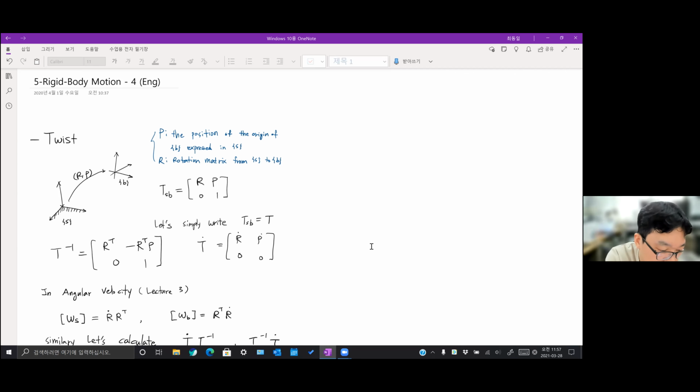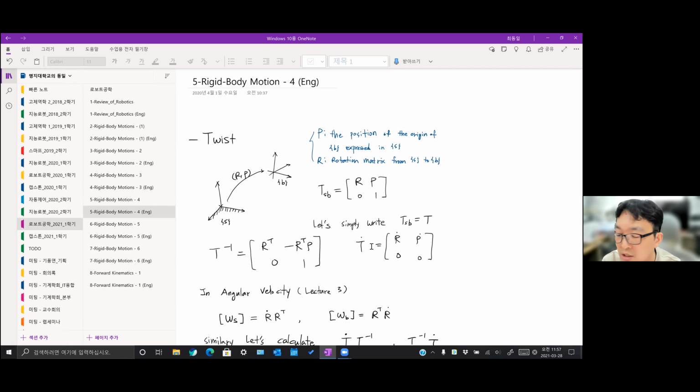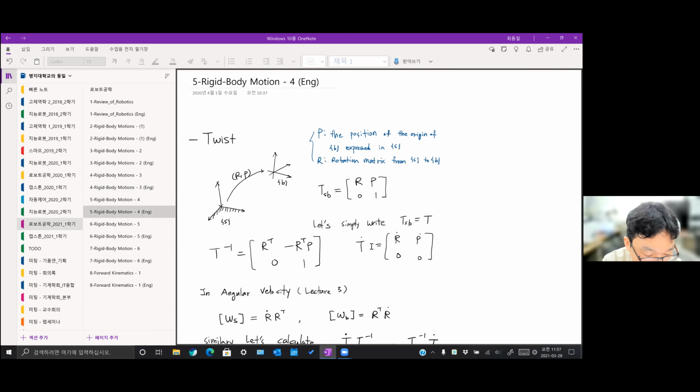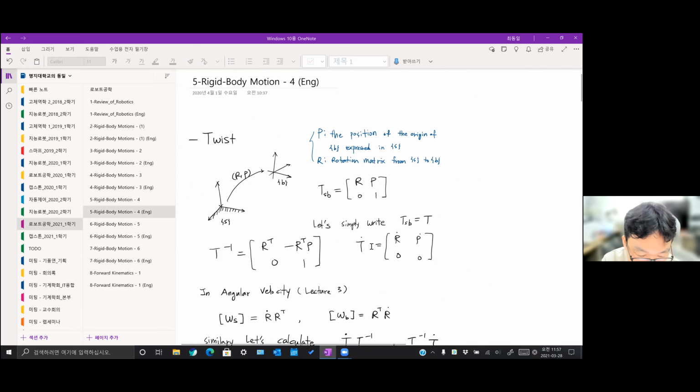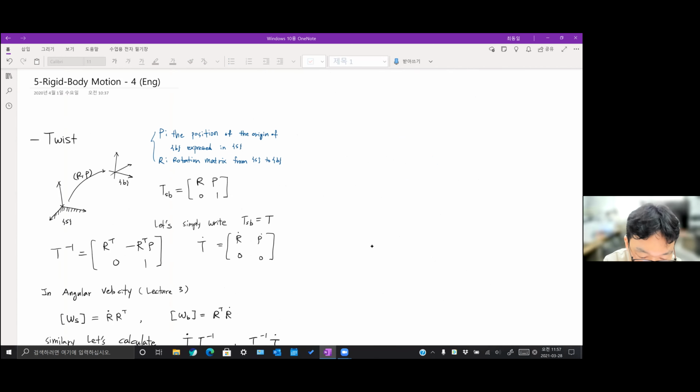Especially we learned about SO3, large SO3 and small SO3, and also small SE3 and large SE3. So let's briefly review last week.